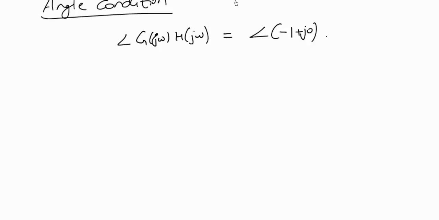So we have considered this to be plus minus 180 degrees, but here we will consider only minus 180 degrees. The reason behind this is that we always consider a system with poles greater than zeros, and poles will give me the negative angle. So therefore we always consider the minus 180 degrees.